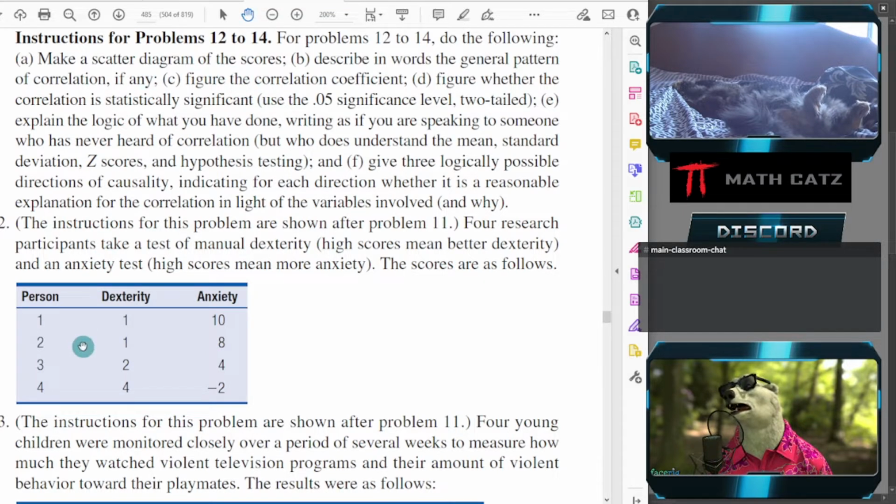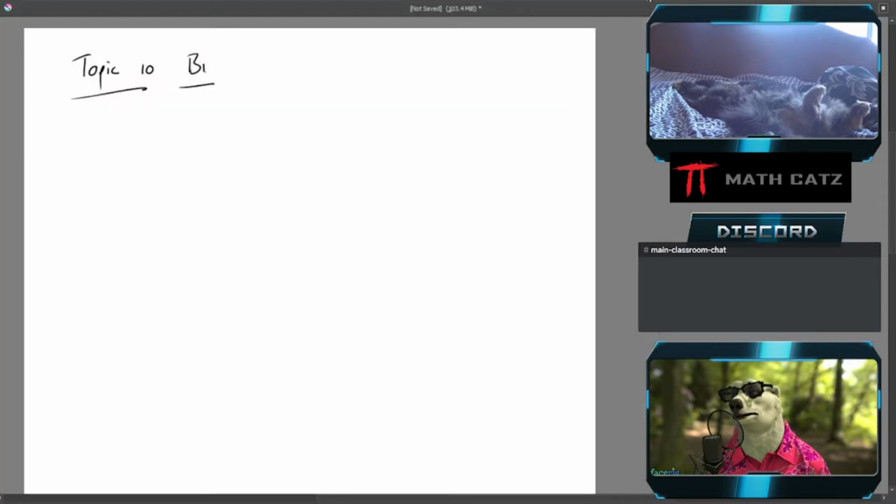Let's just write down our information and slowly work our way through the typical question. So in number 12, we are investigating a possible correlation between dexterity and anxiety for just a few people, 1, 2, 3, 4 people.